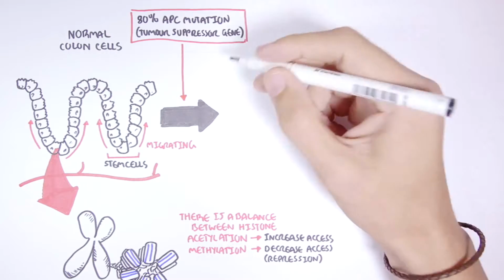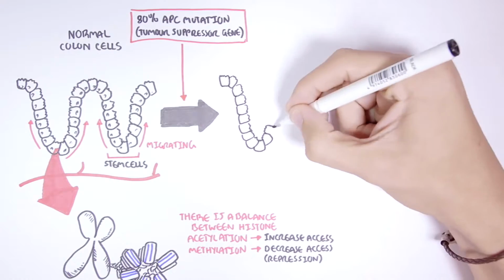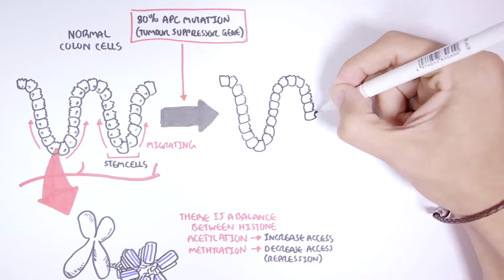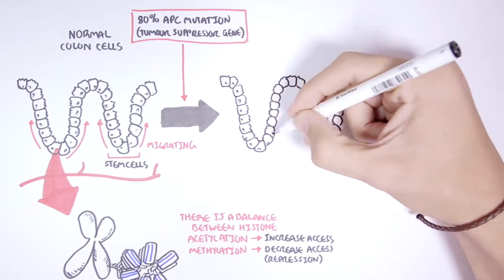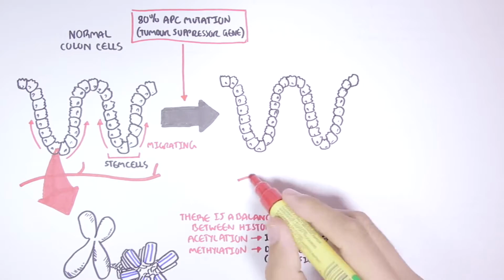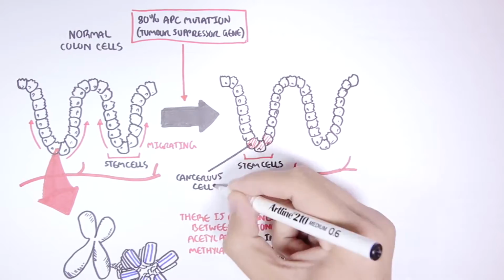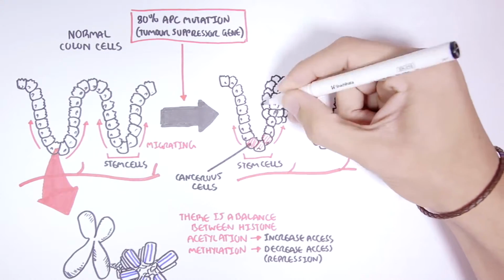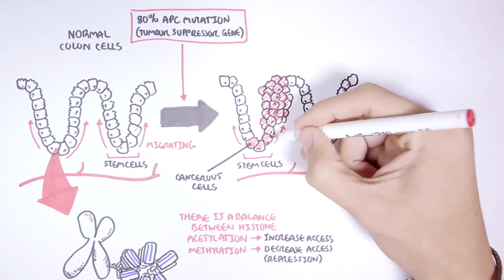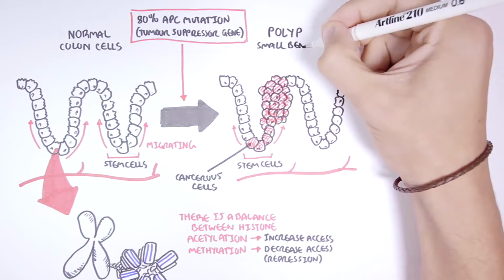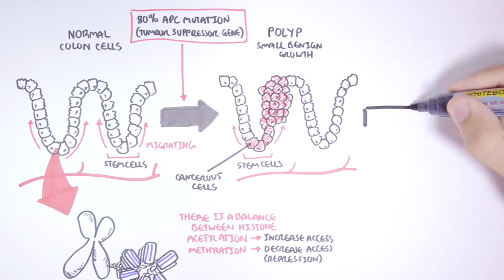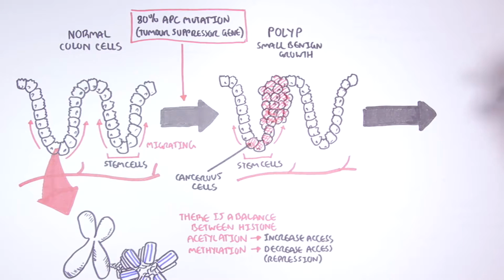This APC mutation can result in one of these stem cells becoming potentially cancerous. And so, as the abnormal cell, the potential cancer cell, moves up, it will begin dividing and dividing, creating a polyp, which is usually a small benign growth.